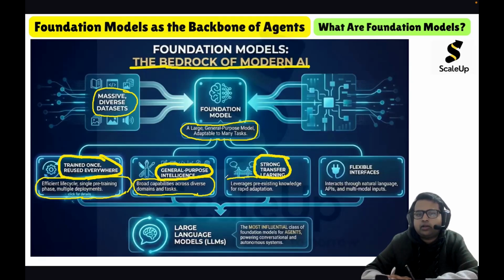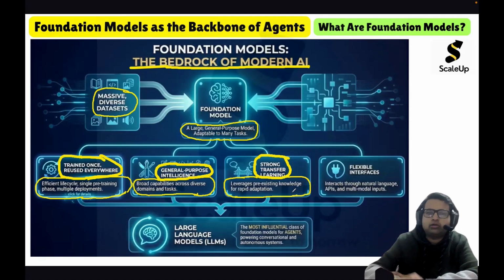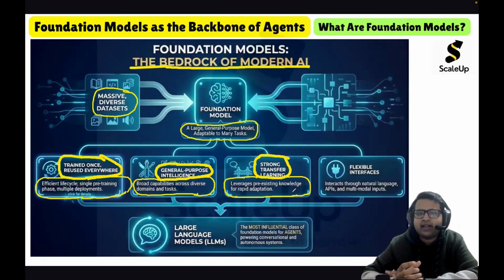Transfer learning leverages pre-existing knowledge for rapid adaptation. This is a very big thing about foundation models. You have already done the pre-training, so you have a foundation model in place. Now you can fine-tune it with new knowledge. That is totally possible, and that is what we do.